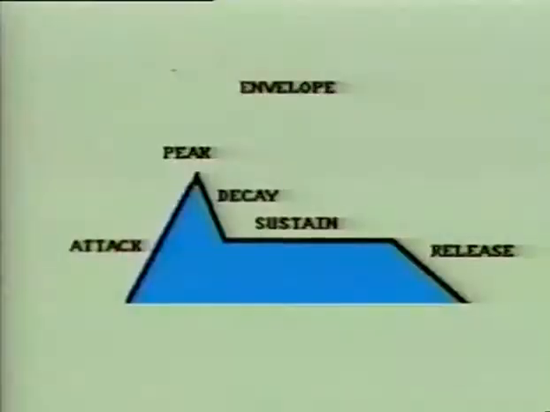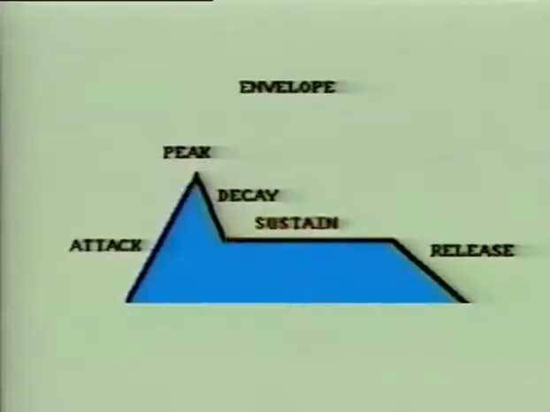And that next level just happens to be peak. Peak is the point at which a sound reaches its maximum volume level. It is a fixed automatic setting. You can't change it. That's why it has no knob, but it's there. Every time you press a key, the volume of a note will go from 0 level to peak level at the speed of attack.